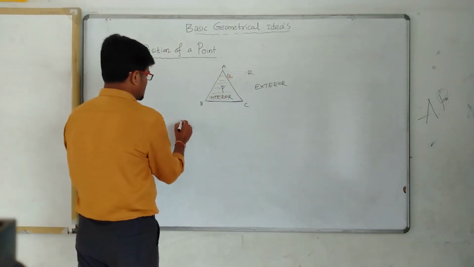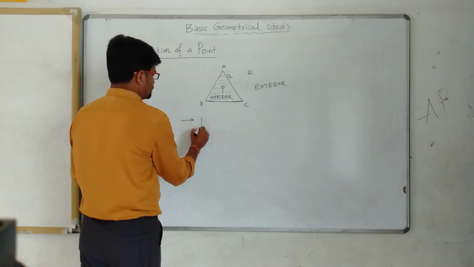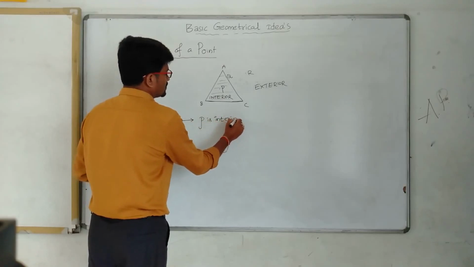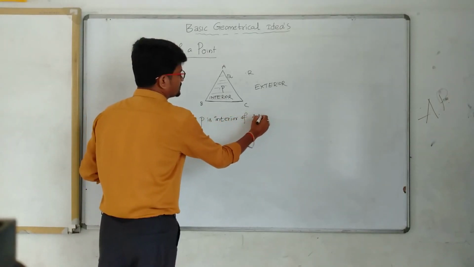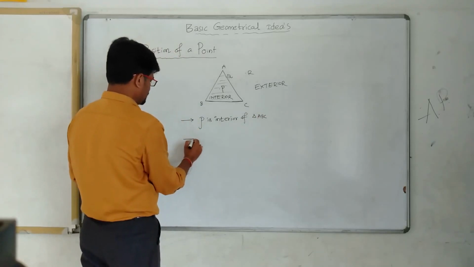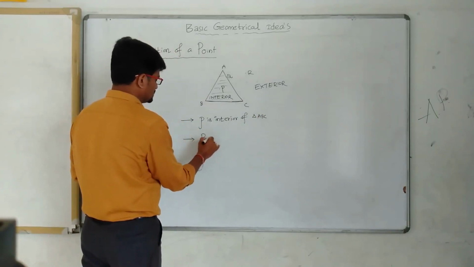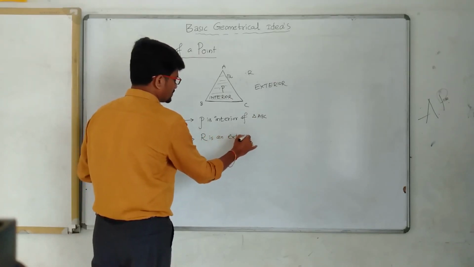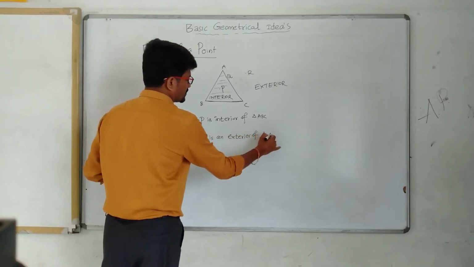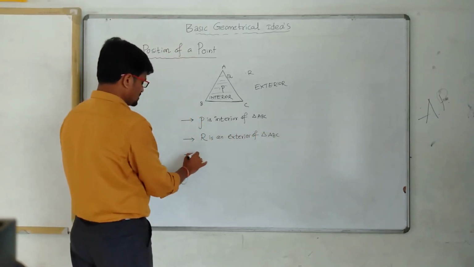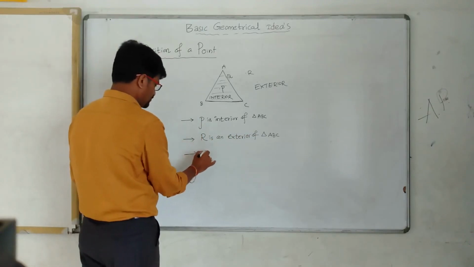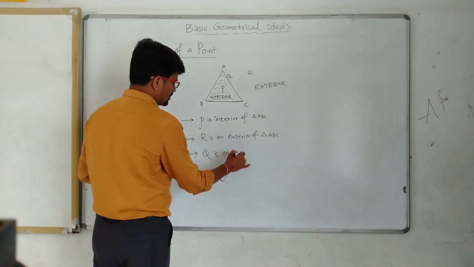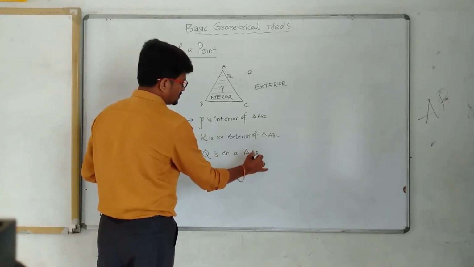So here you can write: P is interior of triangle ABC, R is an exterior of triangle ABC, and next one, Q is on triangle ABC.